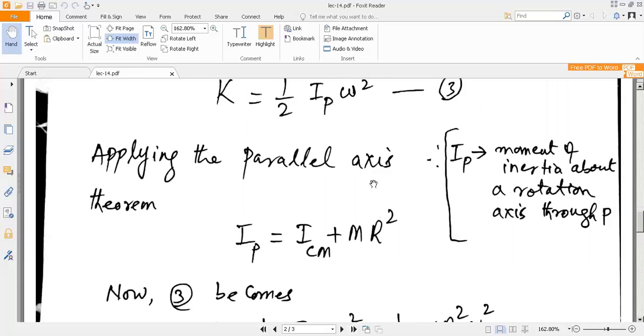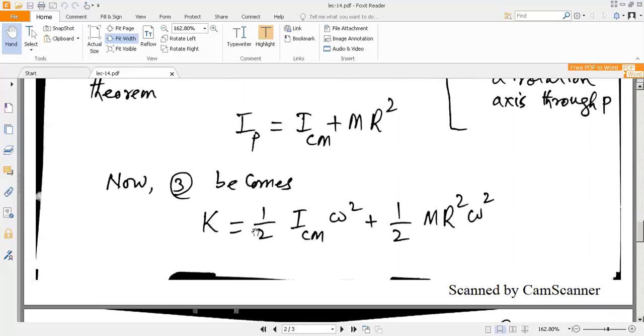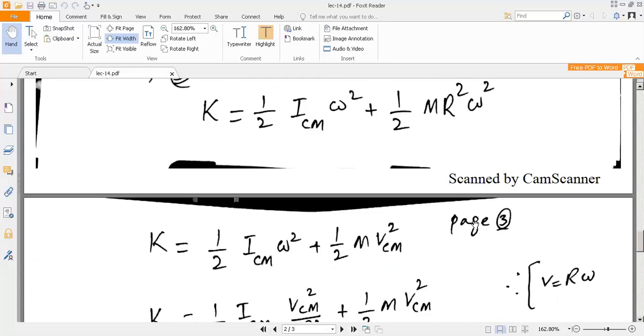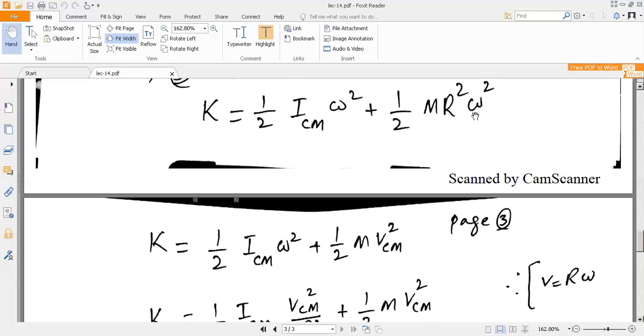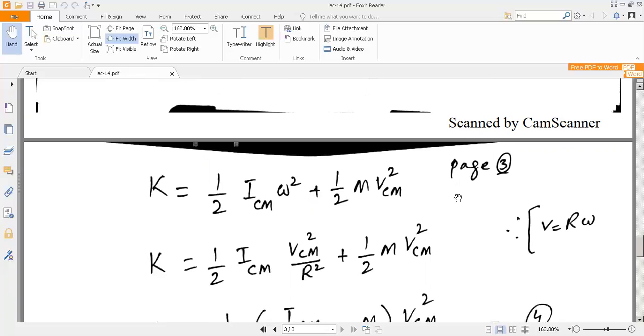Now equation 3 can be written as K equal to half Icm omega square plus half mr square omega square. By placing the values of omega and r omega in this equation, omega will become equal to vcm over r, and r omega will become equal to vcm.